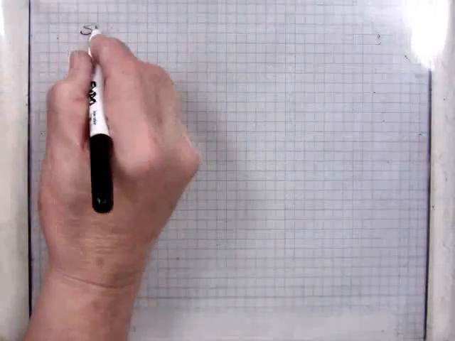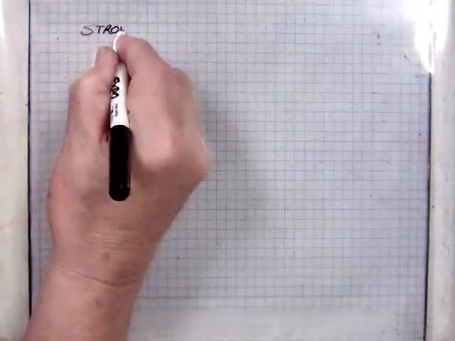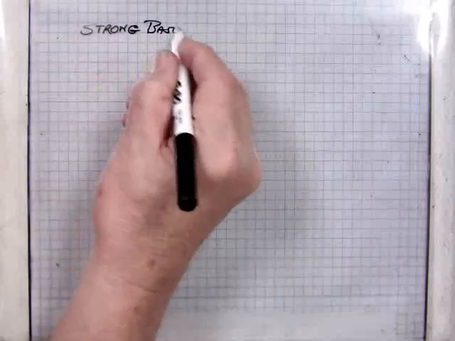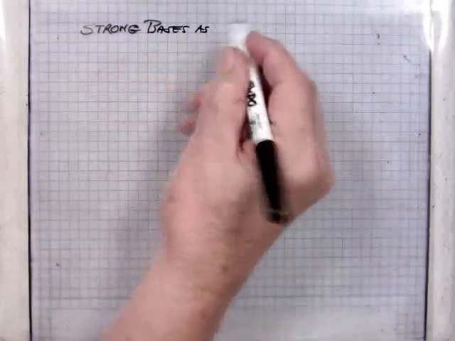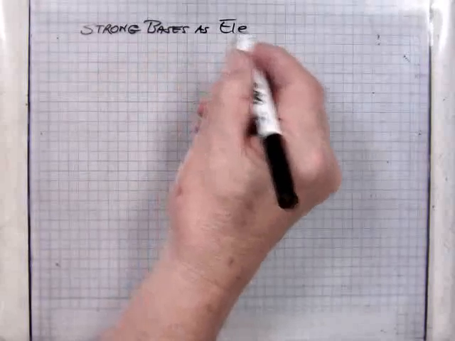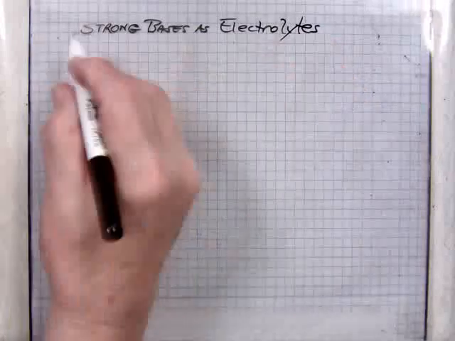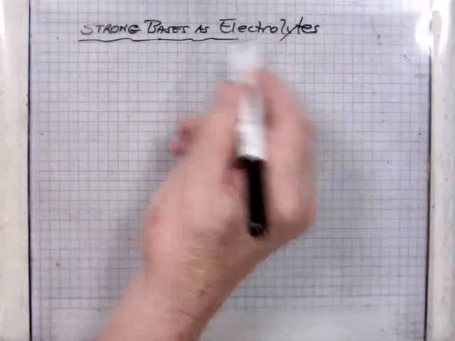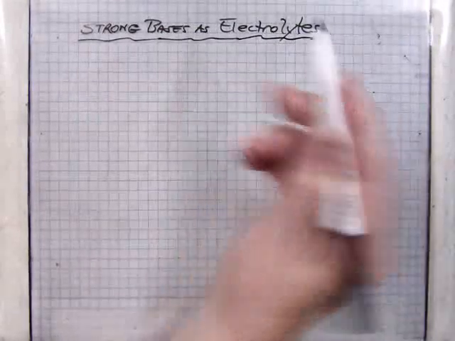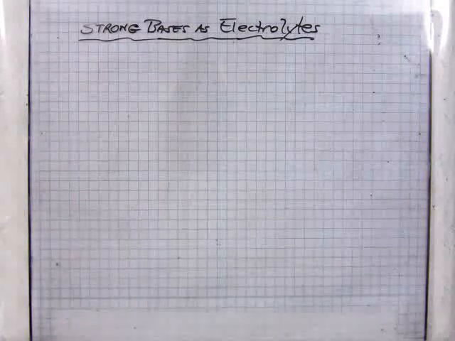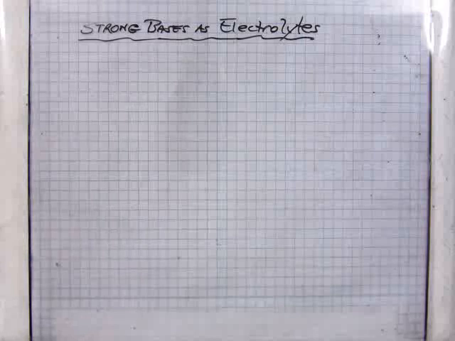Strong bases, as electrolytes. Just like I listed the strong acids above, the 6 strong acids, I'm going to just give you what is considered the strong bases.